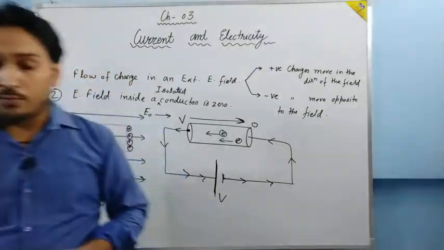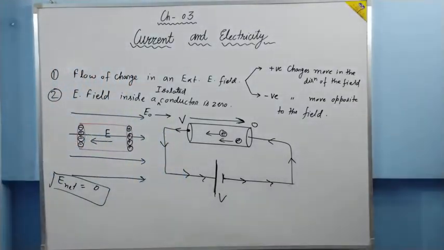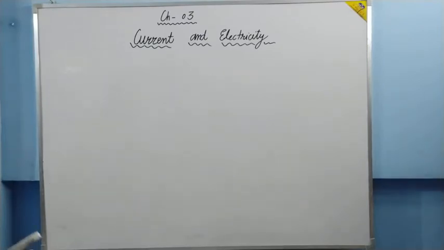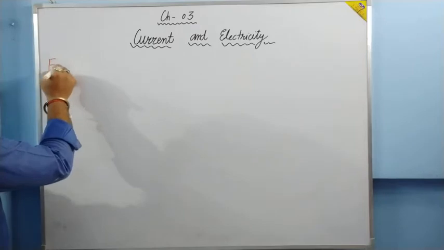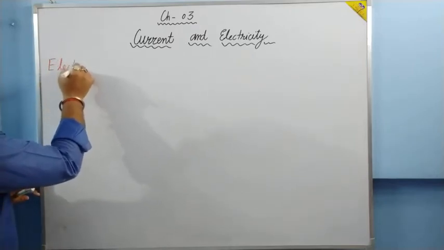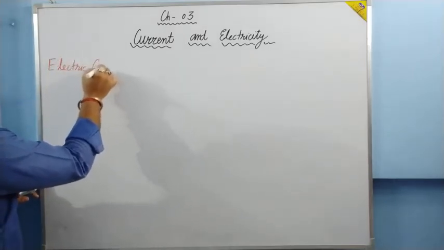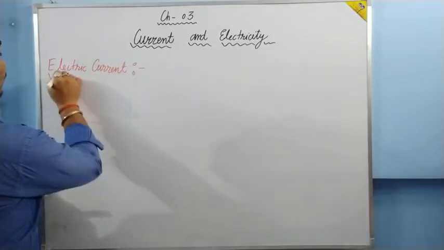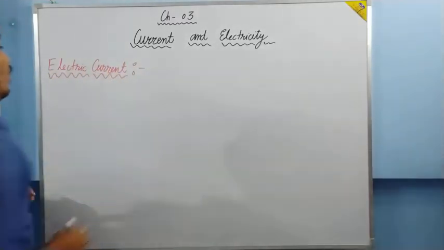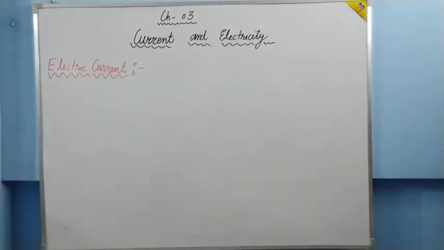So at this point of time, let us define what an electric current is. Next topic we are going to study is electric current. Very important topic, the base of the chapter.